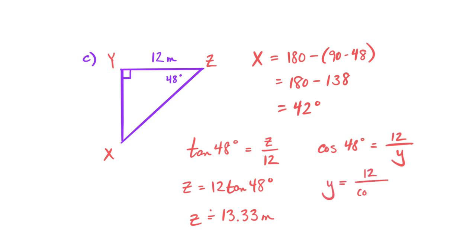We should have had enough practice that I can multiply out my Y, divide out my cos 48. That is going to get me an approximate. And again, we should all be good on our keying sequence for this. So by this point, we should all be comfortable to go through and find 17.93 meters. And there we go.